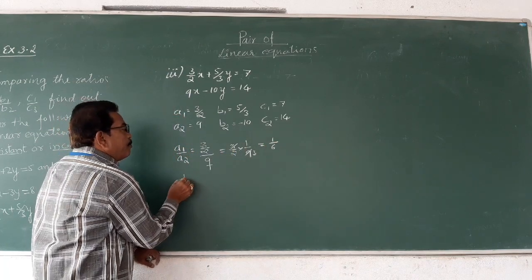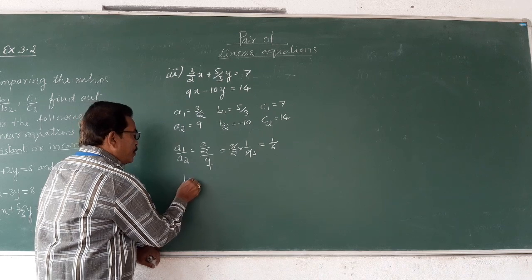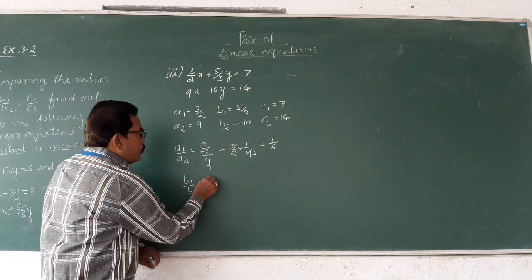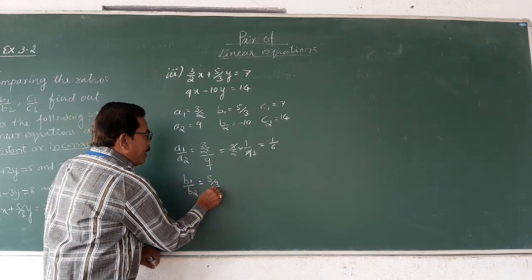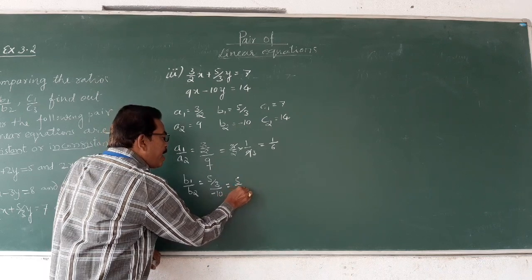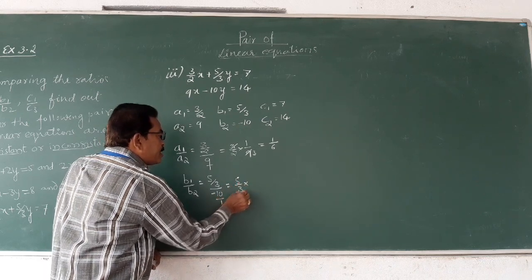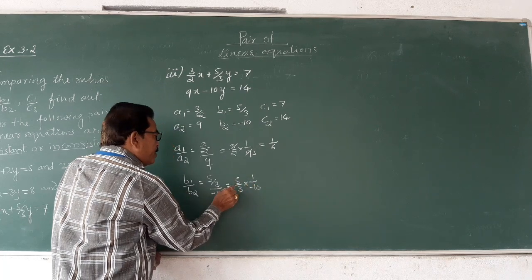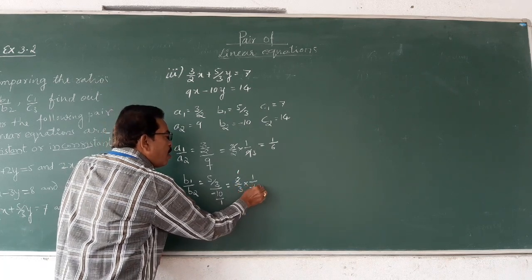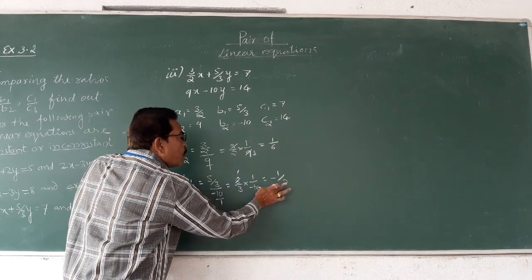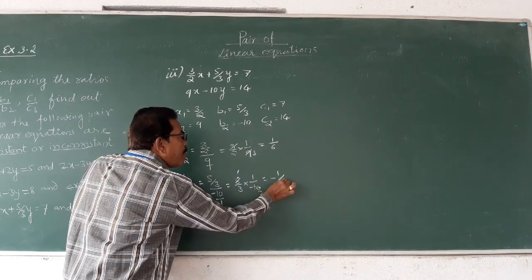Then b1 by b2 equals 5 by 3 divided by minus 10, which is 5 by 3 into 1 by minus 10, that is equal to minus 1 by 6.